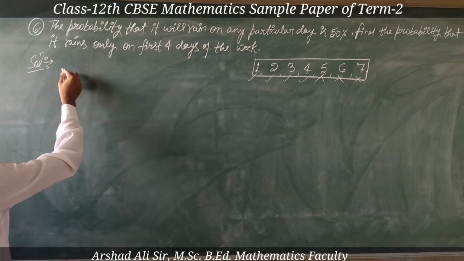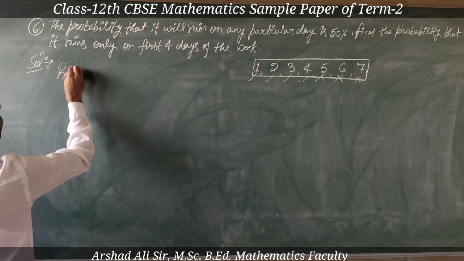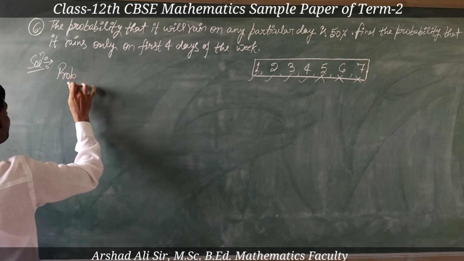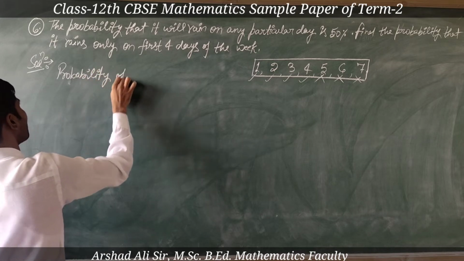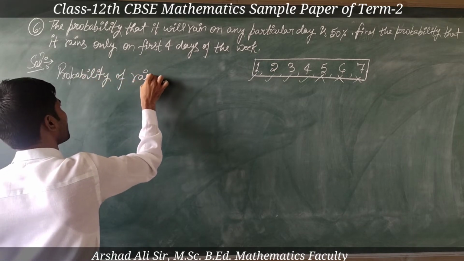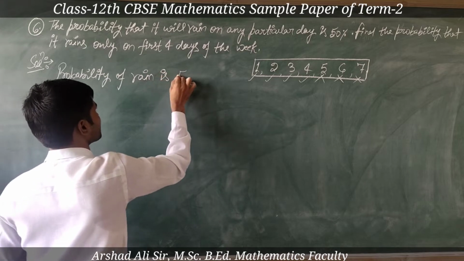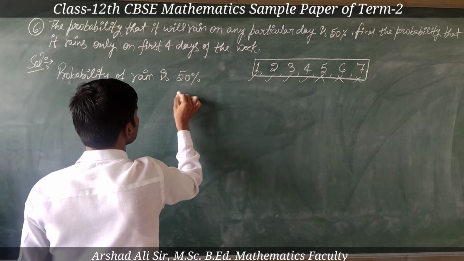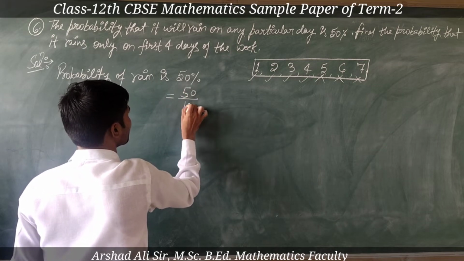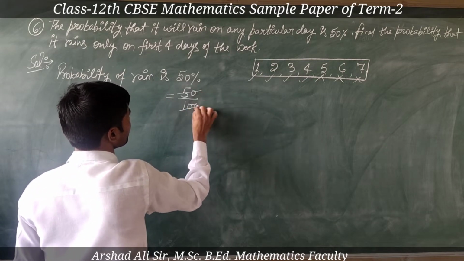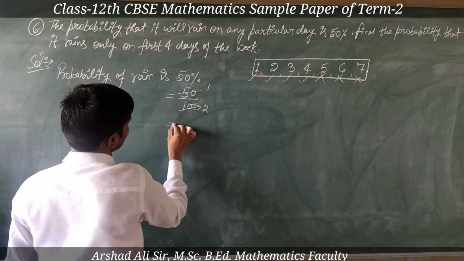Now probability of rain is 50%. It means 50 upon 100, we can write 1 by 2.